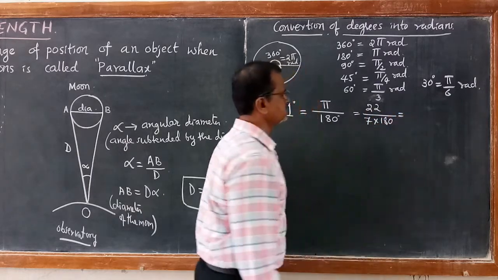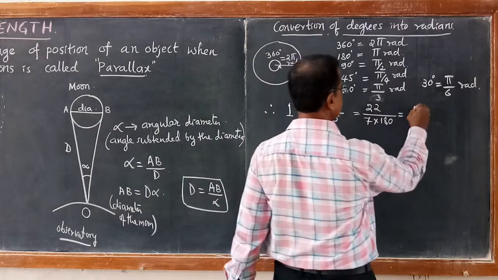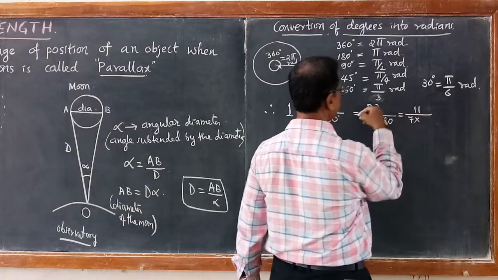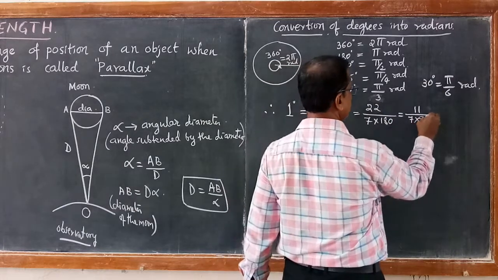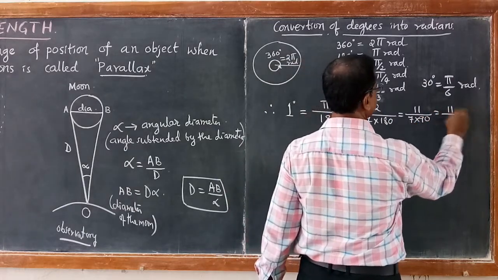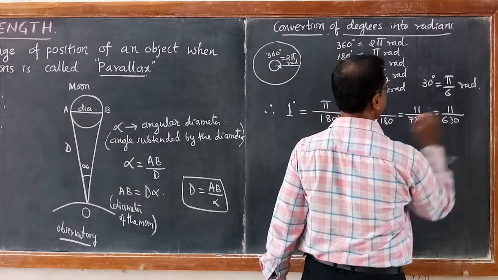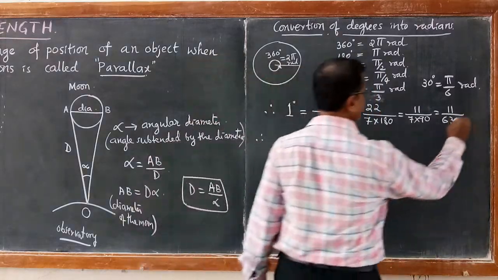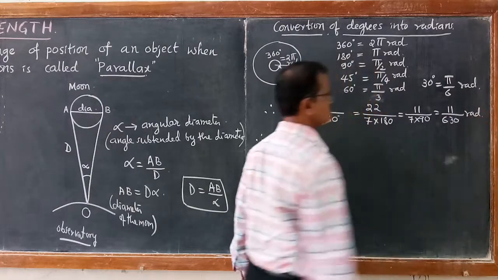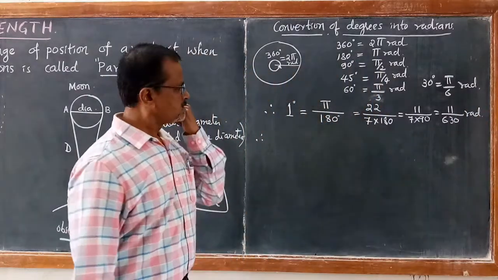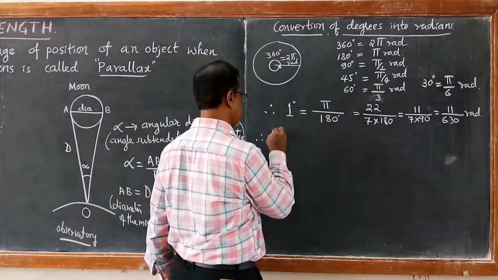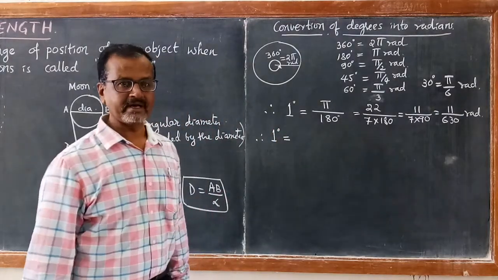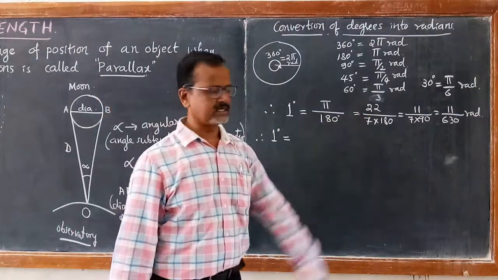If you work it out, this comes out to be 11 by 630 radians. So the short form of radian is rad. Therefore, 1 degree of angle is equal to 11 by 630 radian.